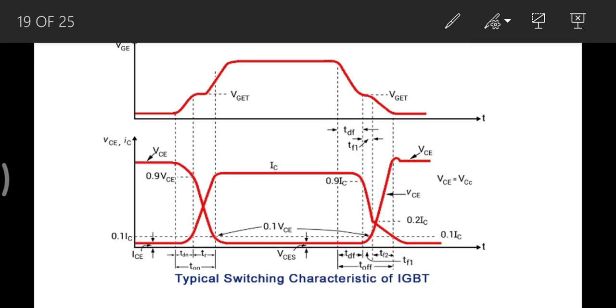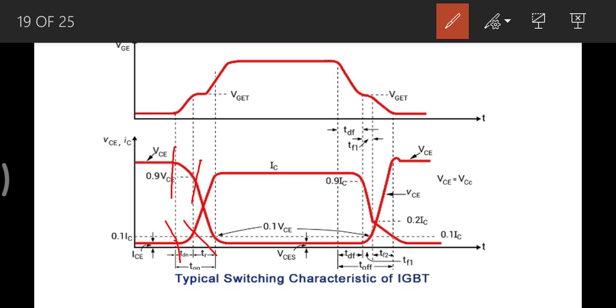See here, delay time with respect to voltage VCE: the time taken to reach from VCE to 0.9 VCE is considered as the delay time. And at the same time, with respect to current, how can we express this? ICE to 0.1 IC. This is the ICE and this is the 0.1 IC.